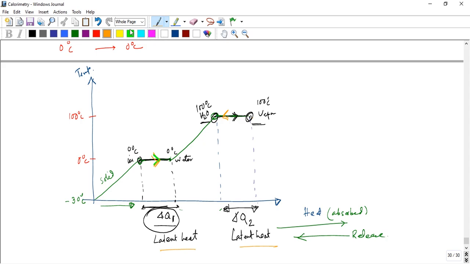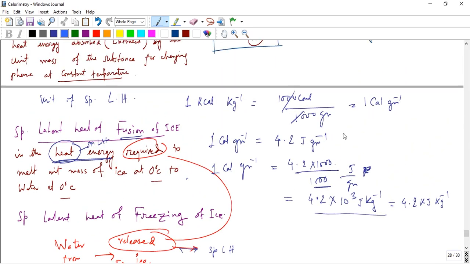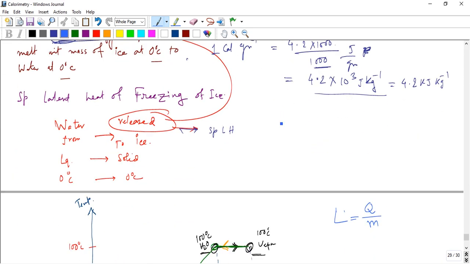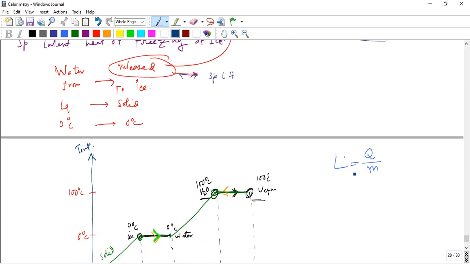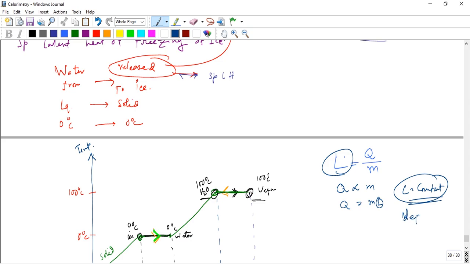Now the formula: latent heat L equals Q by M. So Q is proportional to M, and L is constant, so Q equals M L. L is a fixed value depending on the material.